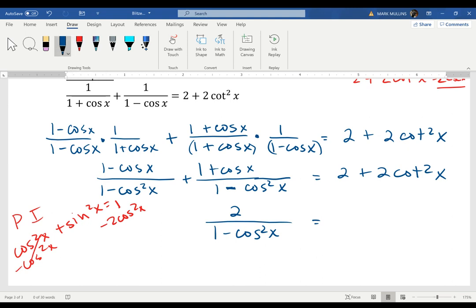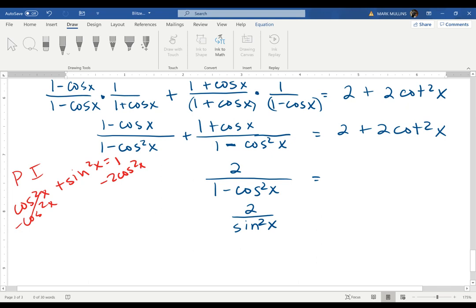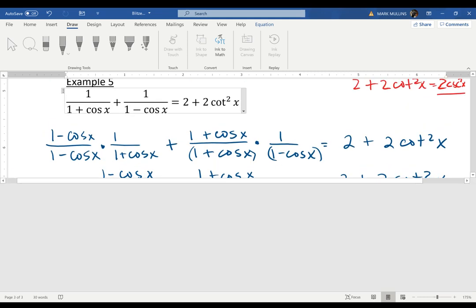So I'm going to write this as 2 over sine squared x. So now I know that reciprocal of sine is cosecant. So 2, something happened with my draw thing here. So this should be 2 cosecant of x.